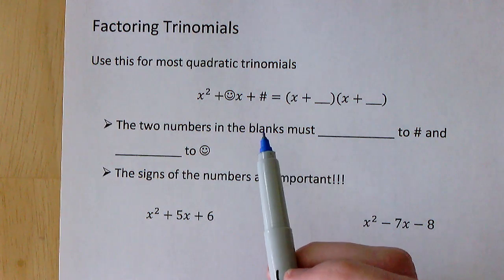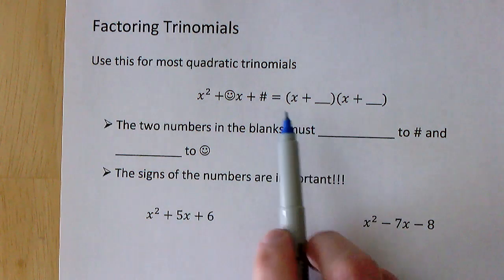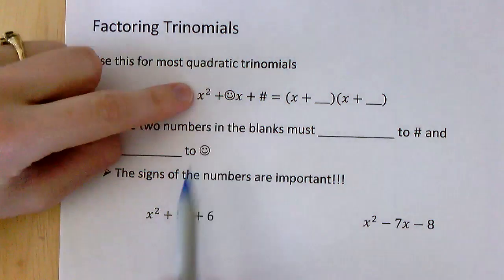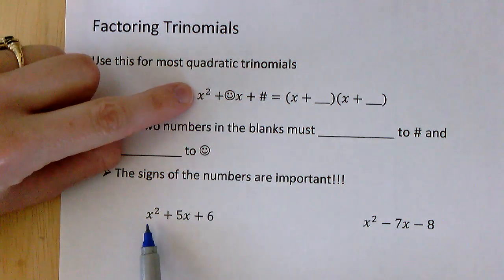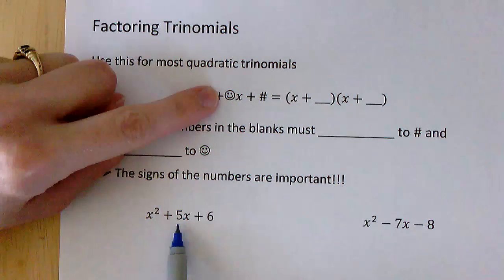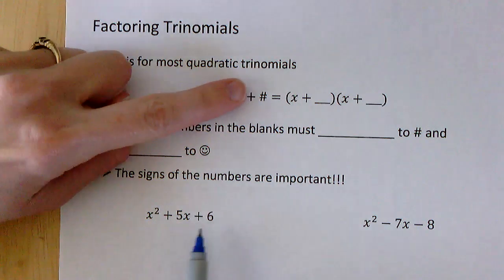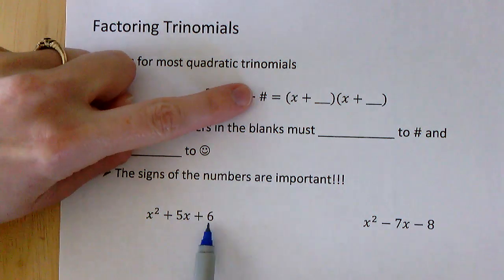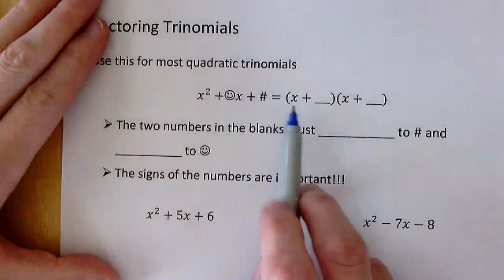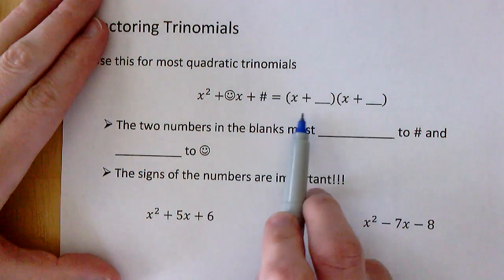Basically what we're going to do is we are going to always have a problem that looks like this. And see how this one looks like this? You got your x squared, and then a plus, so your smiley face would be a 5 in this problem. And then it's x plus, and then your 6 would be the number sign in this problem. So we're going to take a problem that looks like that, and we're going to break it into two sets of parentheses.